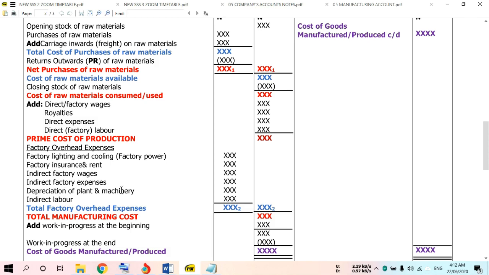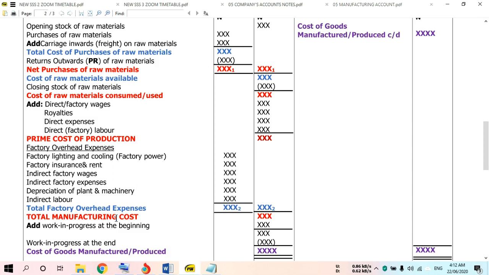Nothing else will come in here. Any other depreciation will go to the debit side of the profit and loss account of the same manufacturing organization.